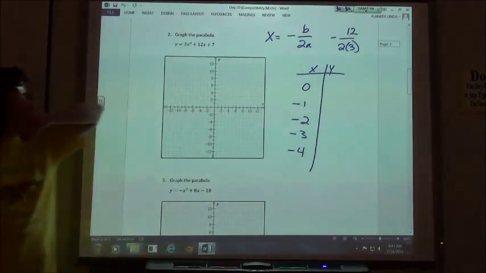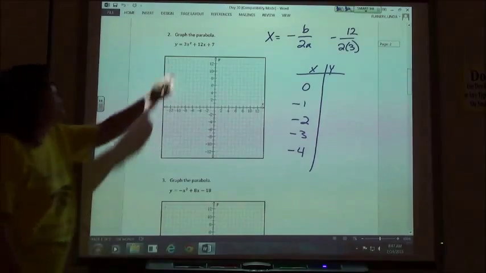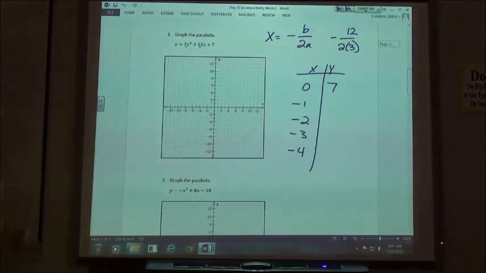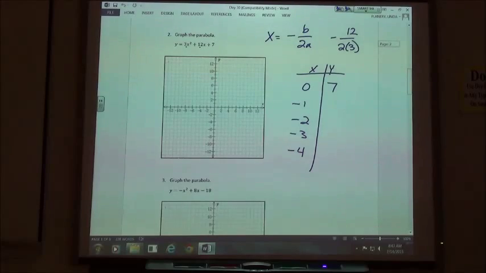So if we start and put 0 in for our x's, we're going to end up with y equals 7, right? That would be 0, that would be 0. So we just get the 7 on the end. 0 is easy to do. If we put our negative 1 in there, we get 2.